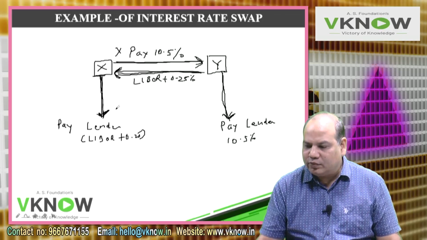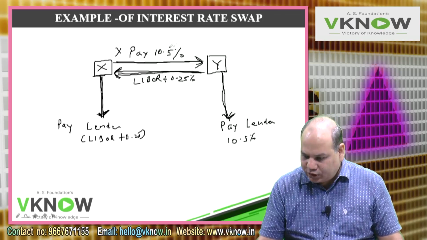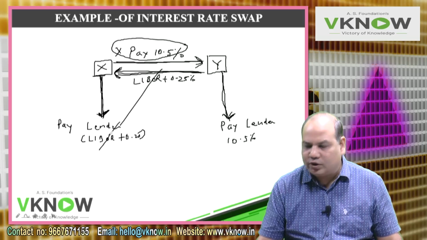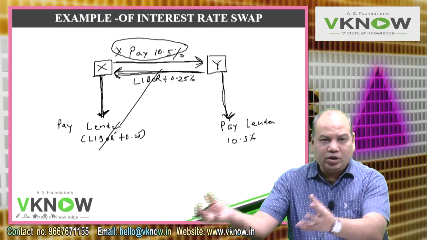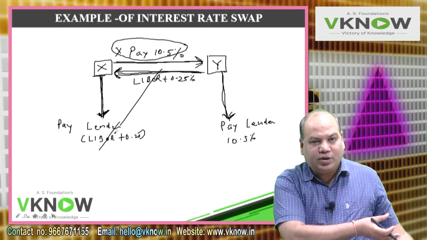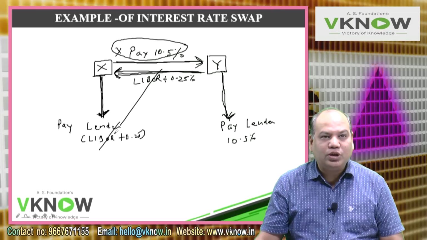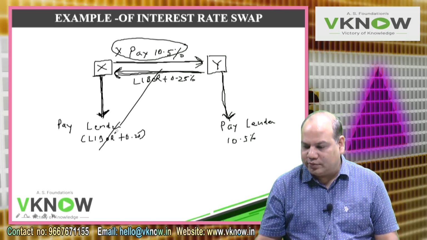So effectively what is happening now? Effectively X is paying 10.5% now, because these two will cancel for X. It receives from Y and pays to the bank. But what actually flows out of its pocket is 10.5.